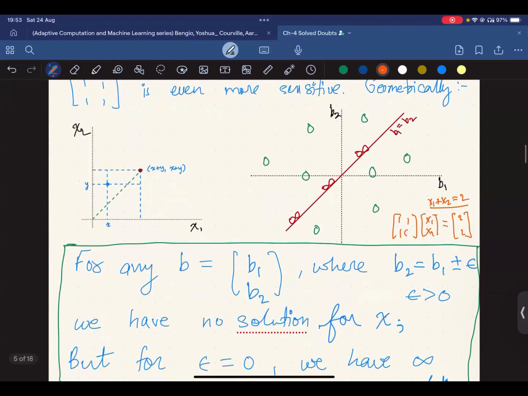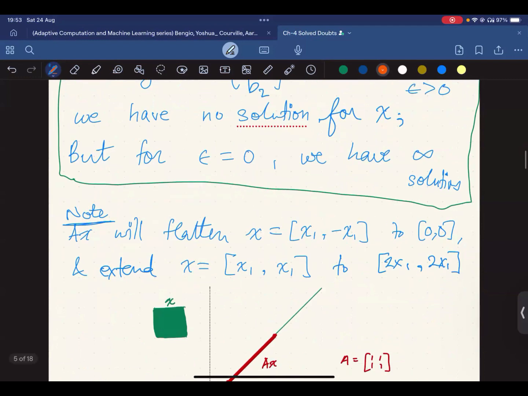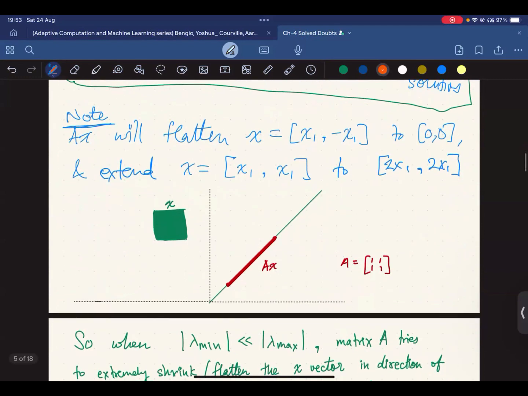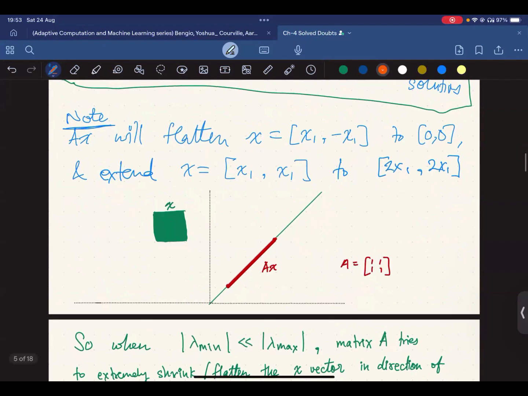What the condition number is showing is that the matrix is flattening the input in the direction where lambda is minimum. As you can see, x1 minus x1 will flatten out and go to the origin, because 1 1 1 1 times x1 minus x1 will be 0 0.